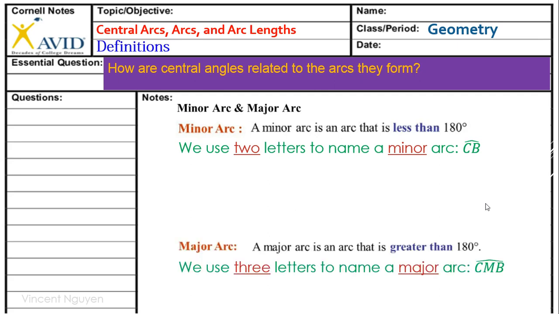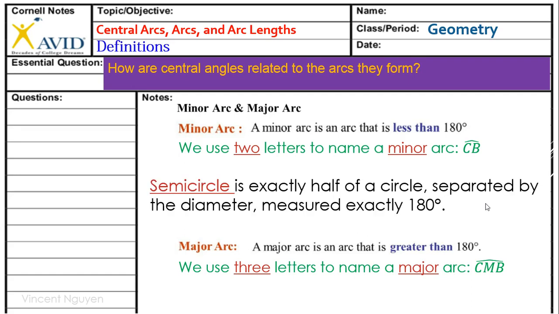The major arc, we use three letters to indicate. So every time you see a major arc, if it's not specific, then go with three letters. This makes sure people don't get confused, because on a circle you can go either clockwise or counterclockwise, right? So we have to be careful when we name these arcs. Well, what about 180? What do we call that?